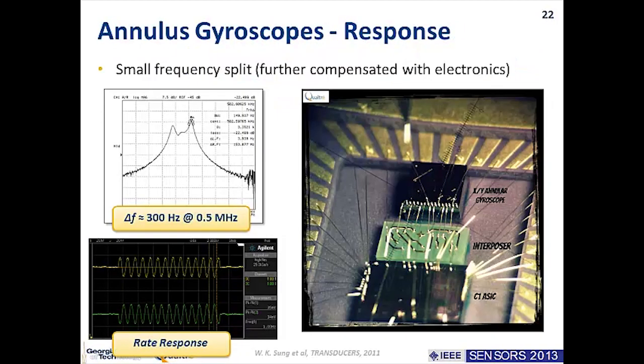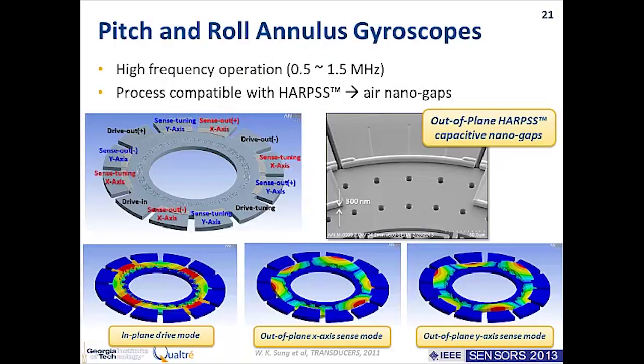How does the out-of-plane mode sensitivity compare to the in-plane? Well, it depends on how you design the structure, right? It depends on several parameters. So it depends on the resonance frequency. As we said, the sensitivity is inversely proportional to the resonance frequency.